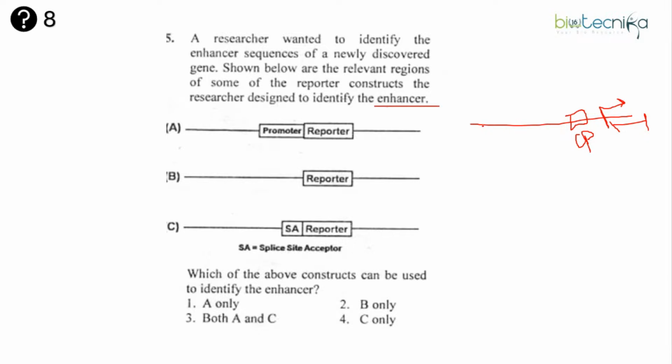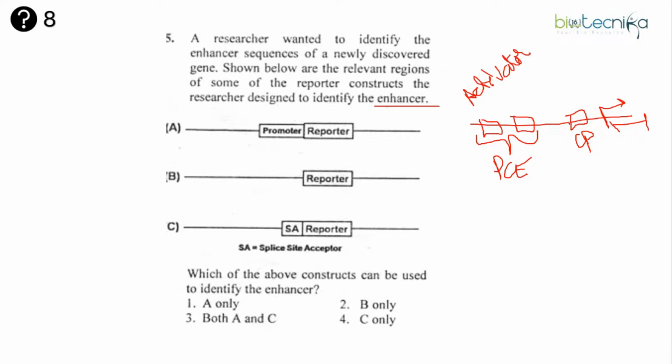You have some proximal control elements under which you have the GC box and the CAT box. These are also your sequences. We call them proximal control elements. To this bind your activator proteins. Okay? Activator proteins bind here.